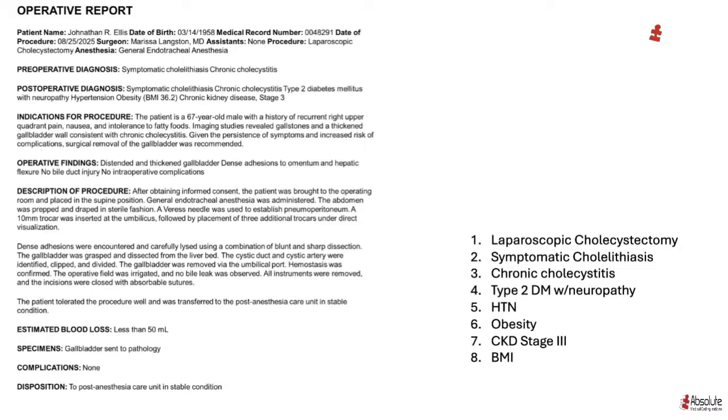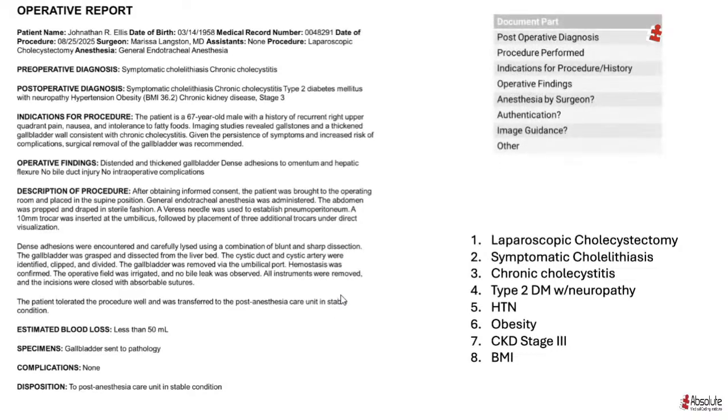This was your homework from last week. I'm going to read it for those who weren't here last week so that we can have everybody on the same page. Essentially, it's an operative report. The patient is Jonathan R. Ellis, date of birth 3/14/1958, medical record number 00482291. Date of procedure 8/25/2025.